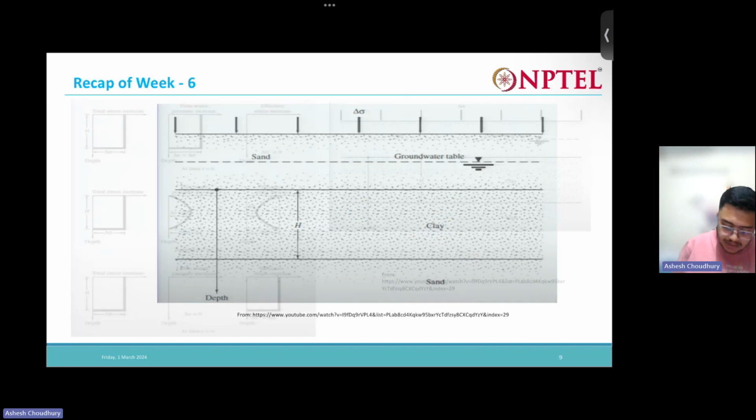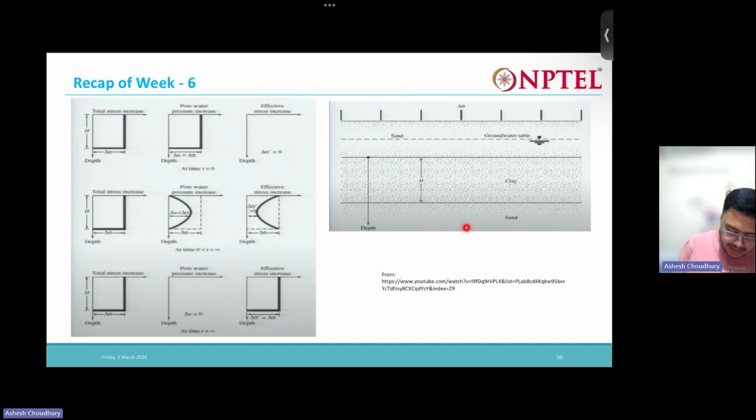So now let us see here. This is at time t equal to 0. You are applying this, so this is the total stress. Across the complete depth, the total stress is this much, delta sigma. As soon as you apply this delta sigma, it comes up as the pore water pressure.